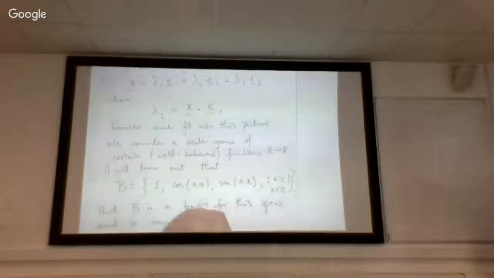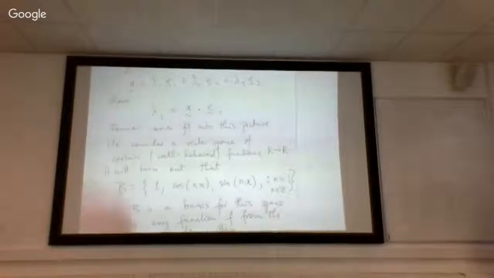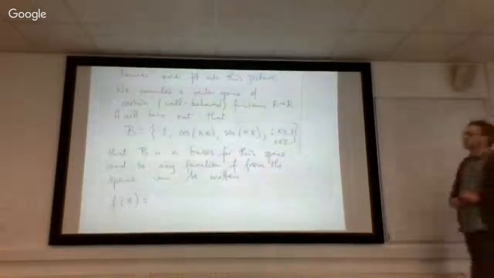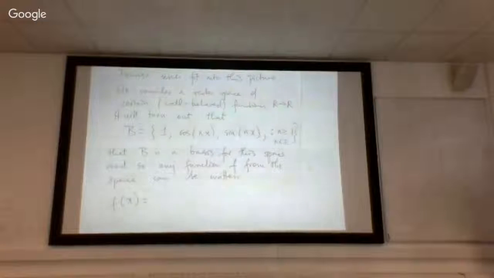And so any function f from the space can be written, and this is what our Fourier series looks like. We'll see this kind of expression over and over again.